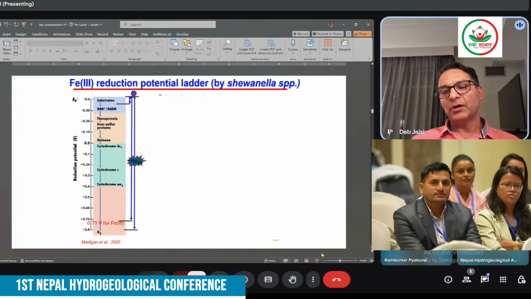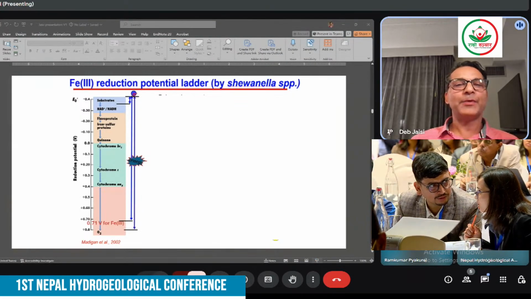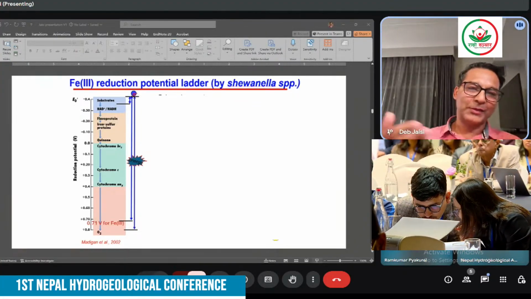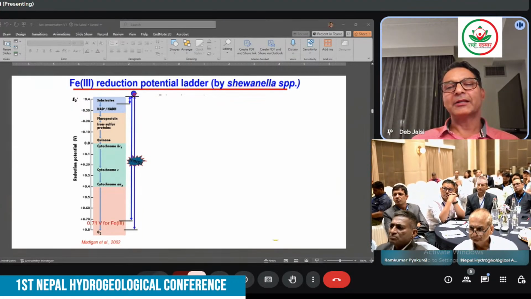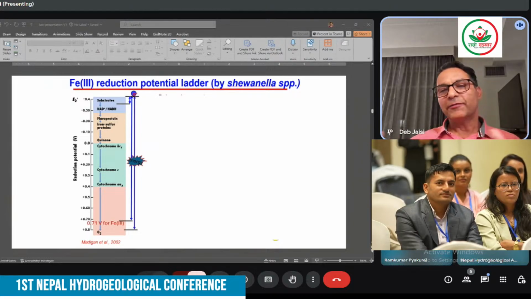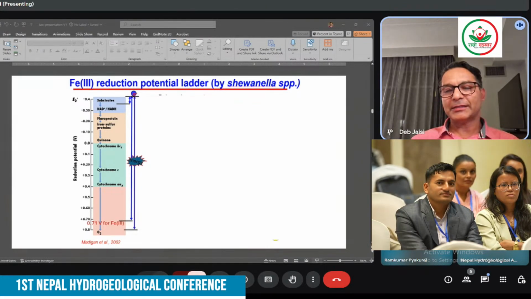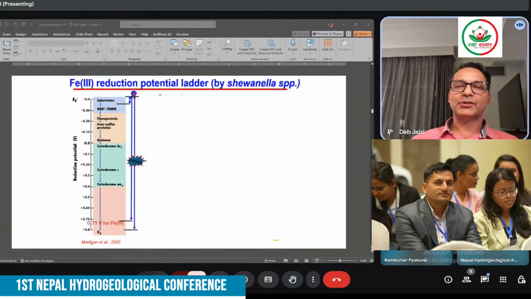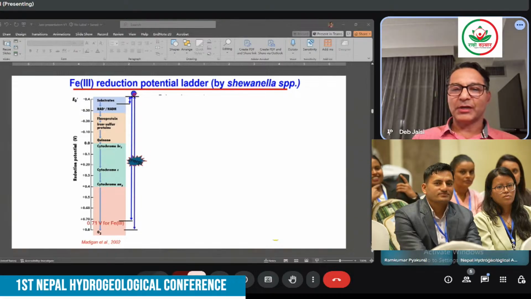Now let me show you about the redox channel of iron reduction. What happens in a biological system is that redox potential, or how much energy they can get out of the redox process, is something that controls the process. If you look at the oxidation and redox potential of any system, for example, here, the lactate oxidized to acetate at the expense of oxygen turning into water, you can see the process of electron transfer.